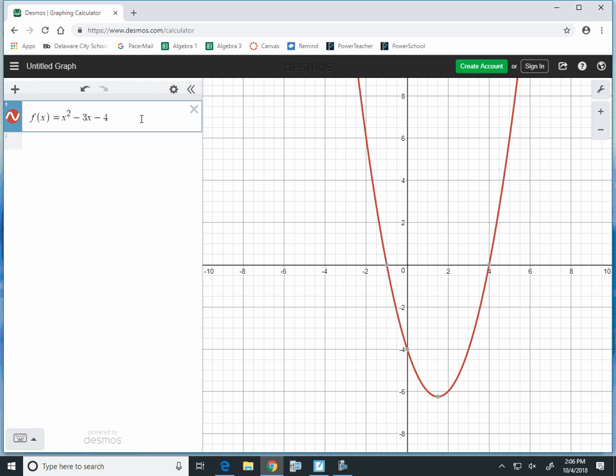Okay, that's what it should look like. Yours may be zoomed in or out, but roughly that's what it should look like. Any issues putting that in?